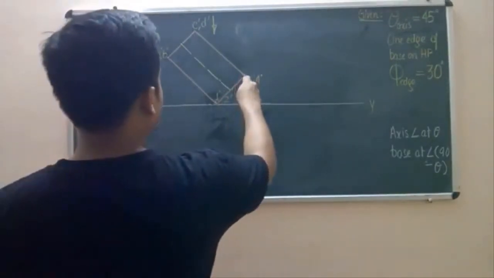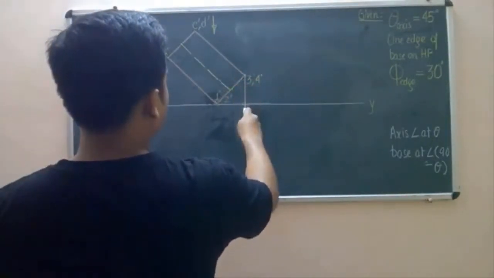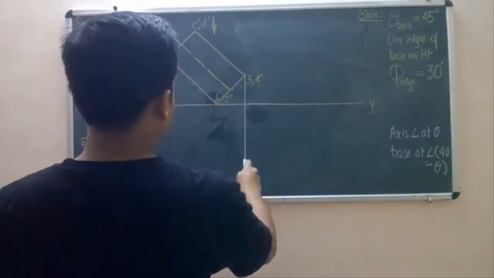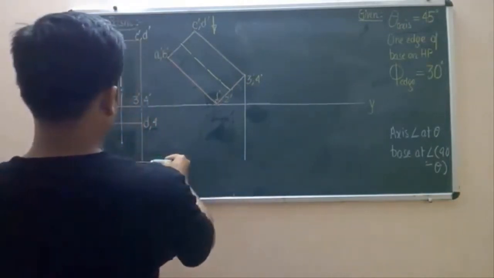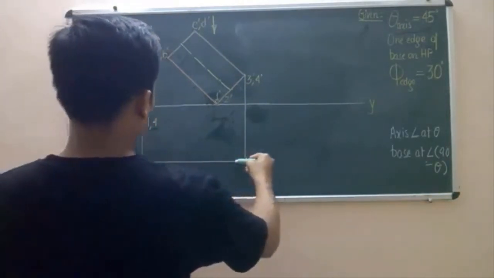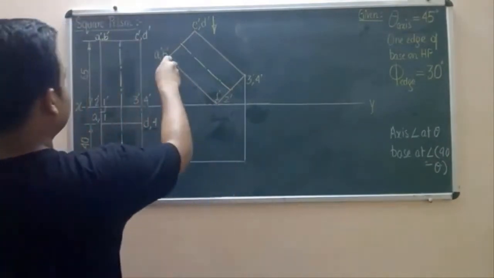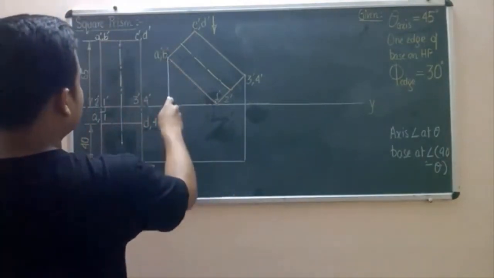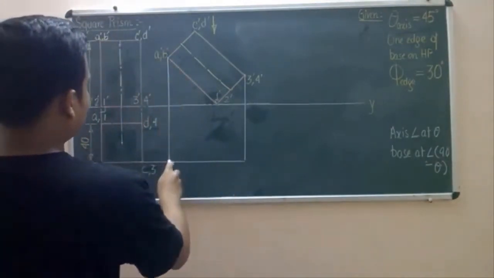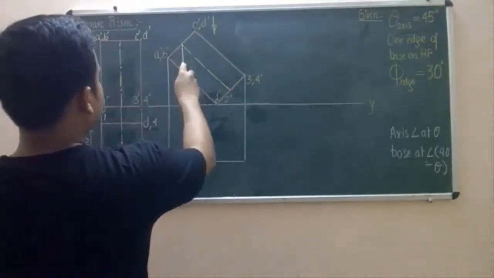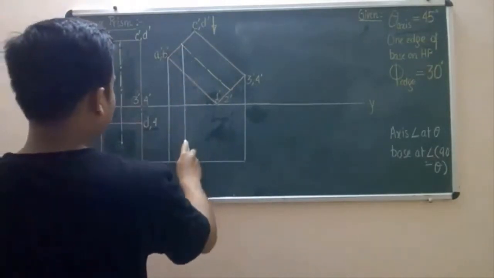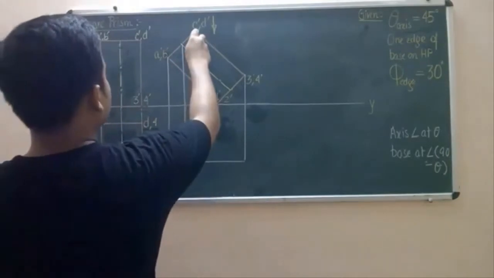Let's draw these lines first. That's it. Now let us draw the vertical lines first and then we will draw the horizontal lines from step number 1. This is for the axis actually, this one. Right?